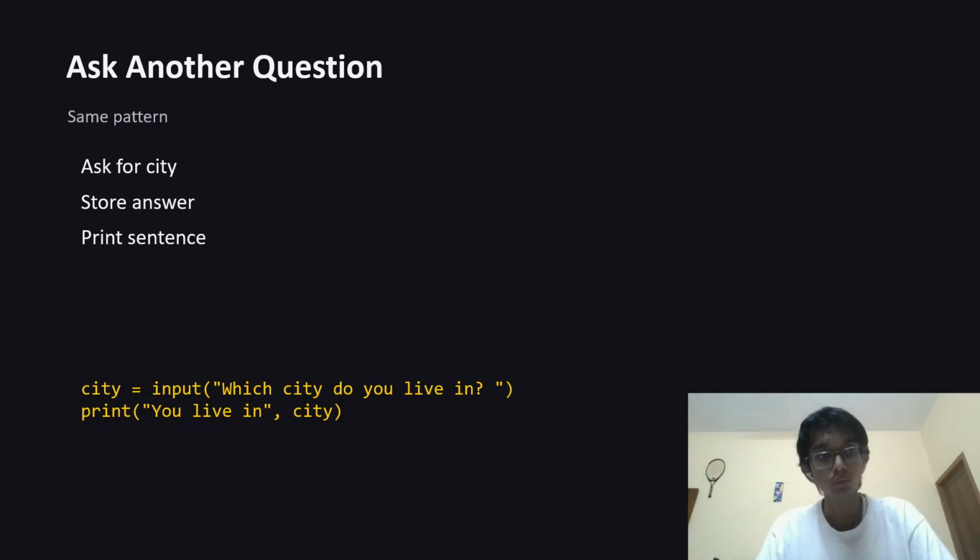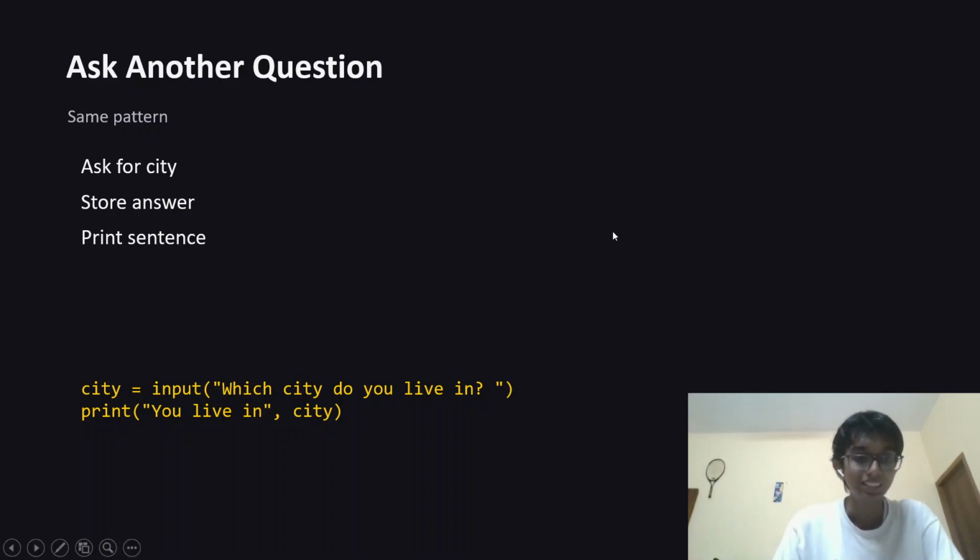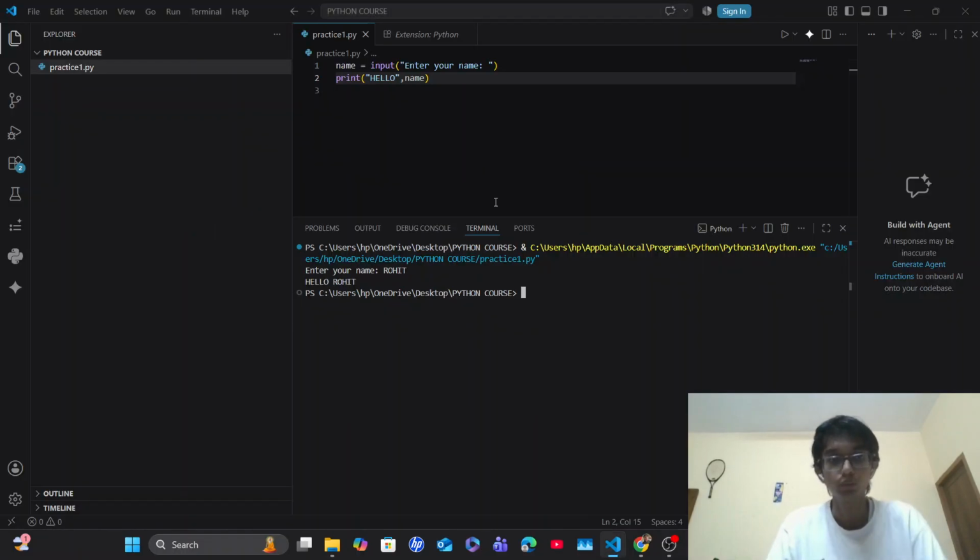We can also use the input function with a question to ask another question. For example, here there's an example given, which is to ask for a city. We're going to store the answer and print a sentence, you live in city. So let's do that.